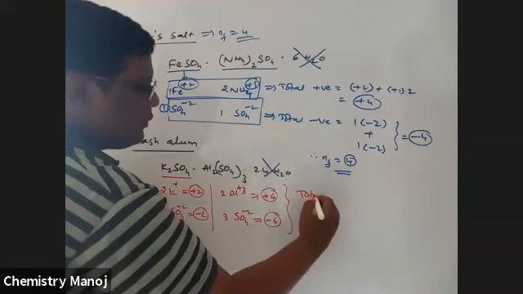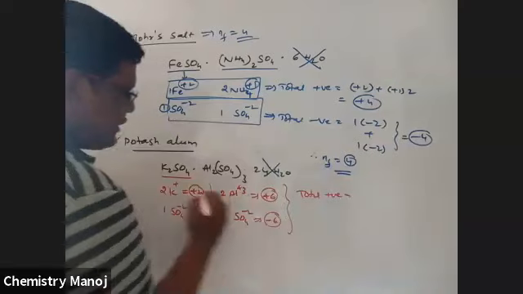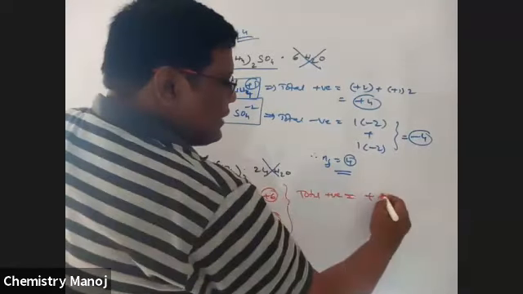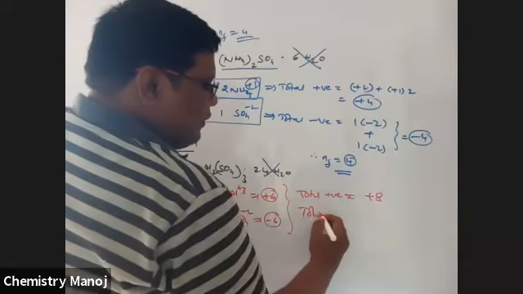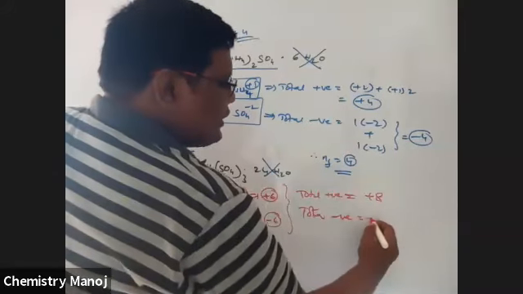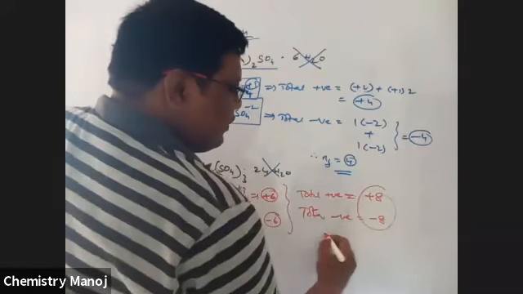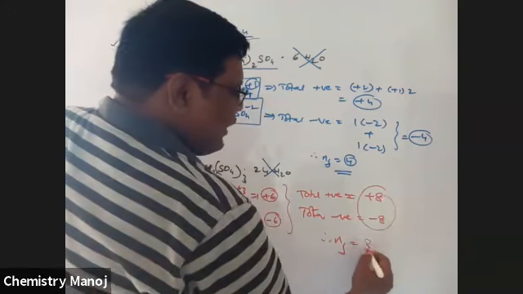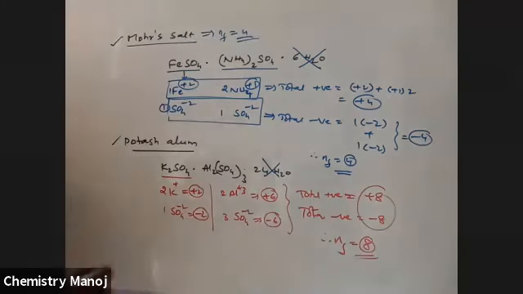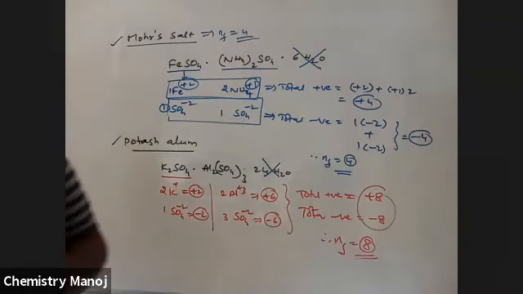Overall total positive is +6 and +2, that is +8. Total negative is -8. Therefore, N factor is equal to 8.